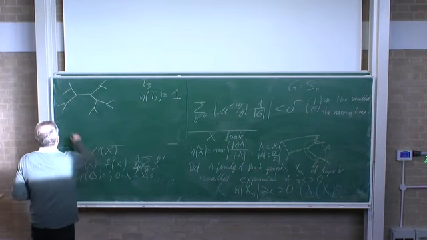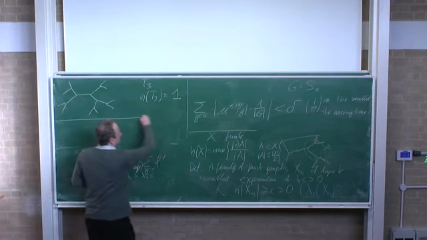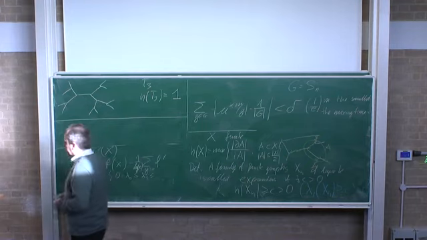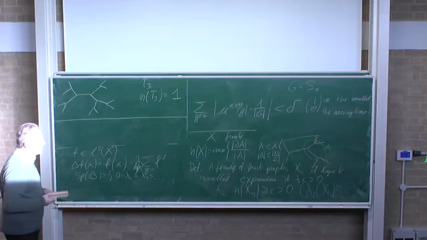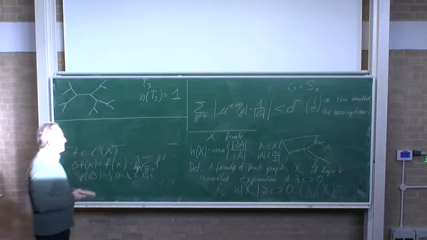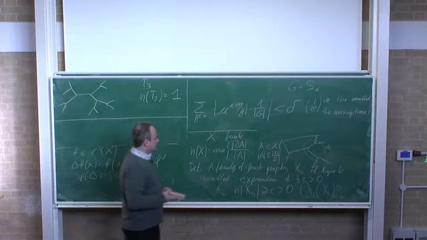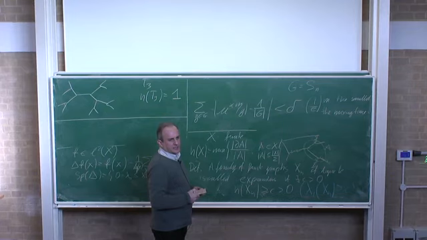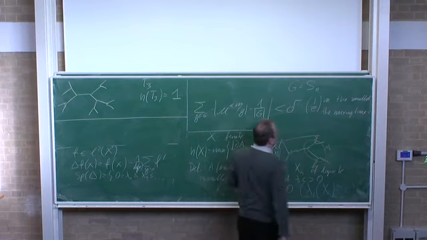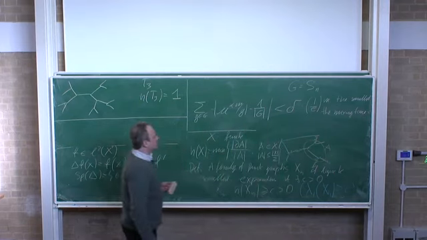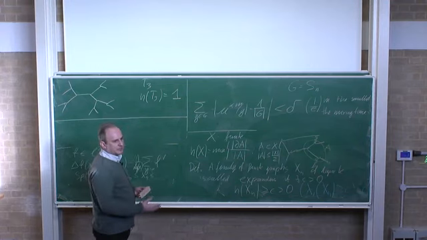So actually the first results concerning the existence of such graphs were obtained using probabilistic methods, and I would like to explain this result in detail because it's very closely related to random walks on the symmetric groups.